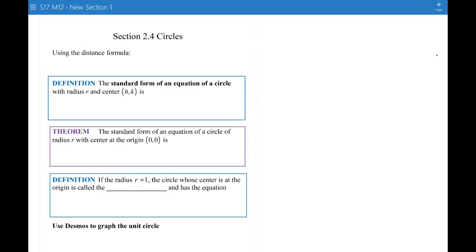So using the distance formula, we know that the distance from (x, y) to (h, k) has to be r. So let's see, if we do y minus k quantity squared plus x minus h quantity squared, remember we said the order of these doesn't matter, the square root of that will equal r.